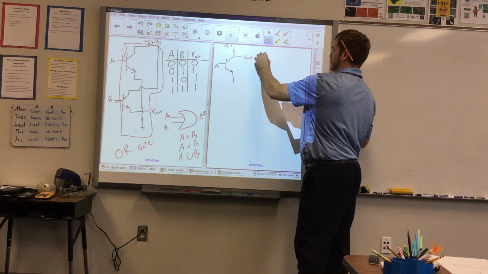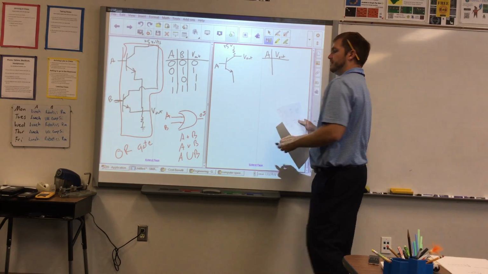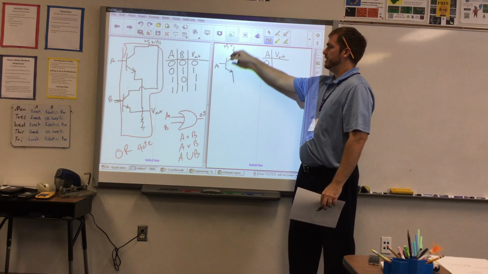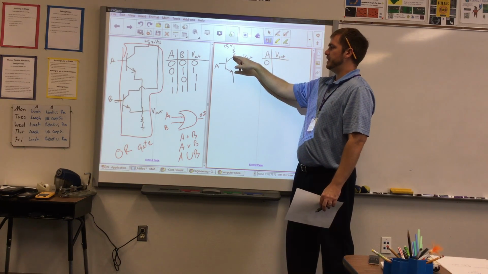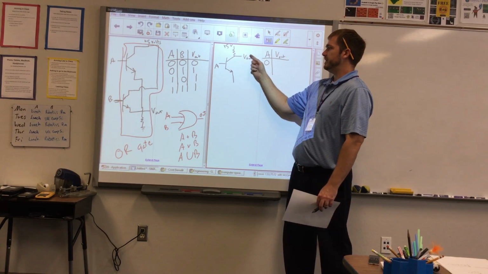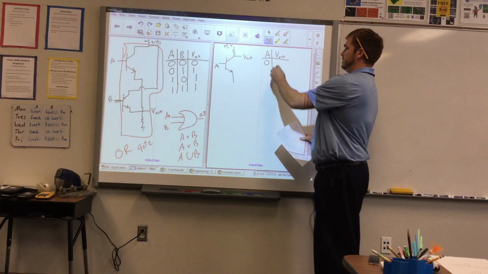And so A and B out. If you have 0 volts here, then this doesn't flow, and V out is just showing 5 volts, which is 1.